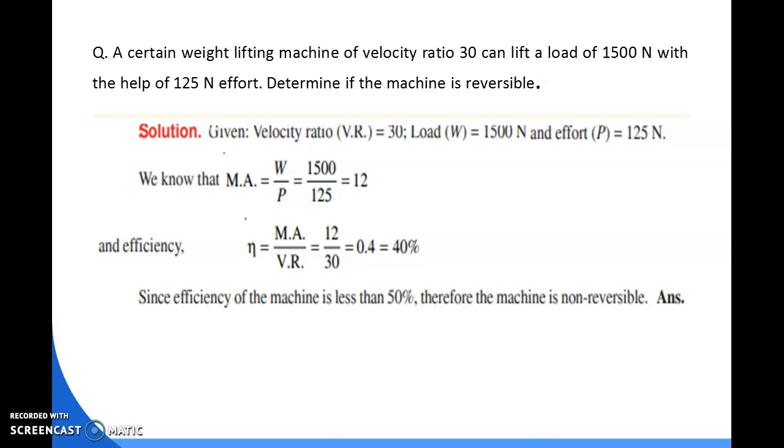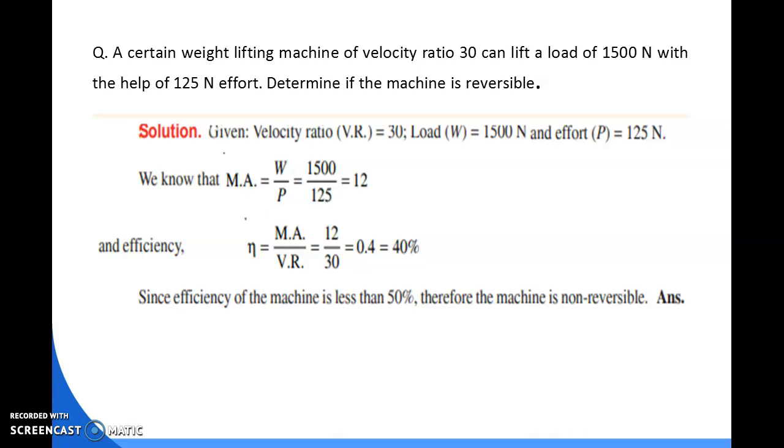First of all, we need to find the mechanical advantage. As we know, mechanical advantage is equal to W by P, that means 1500 divided by 125. So the mechanical advantage is 12. After that, we have to calculate efficiency.